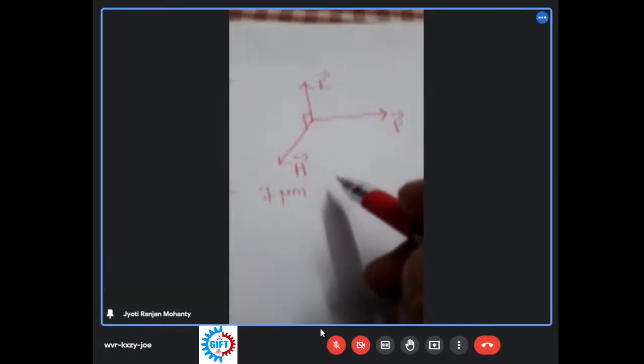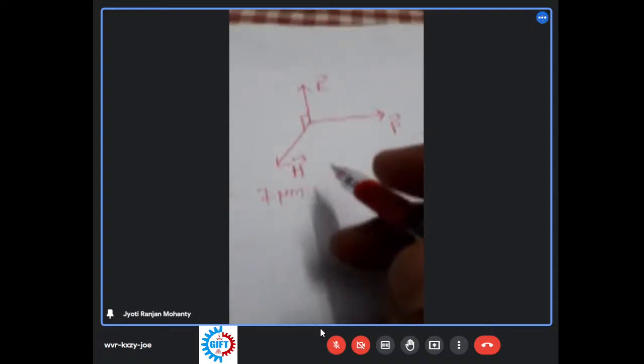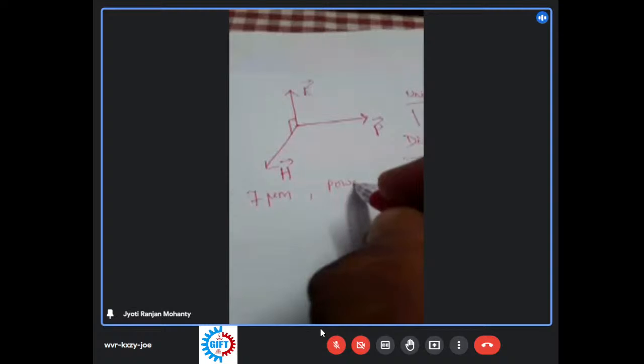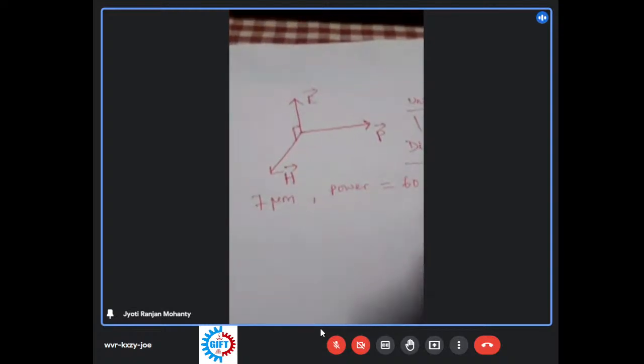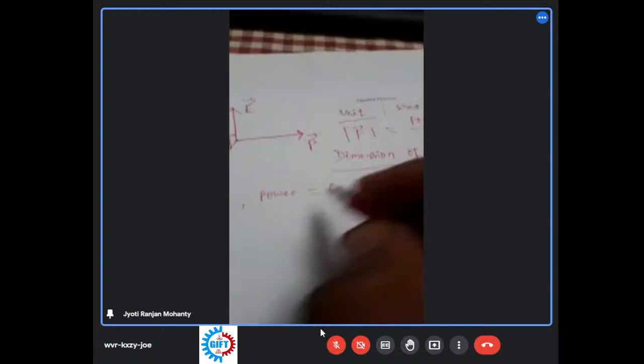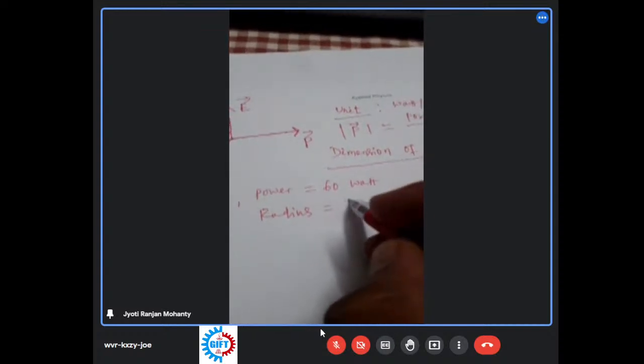So the question is a laser beam of 60 watt. Watt means power is given, so power is equal to 60 watt. It is incident on a circular object of radius 7 micrometer, so radius is equal to 7 micrometer.